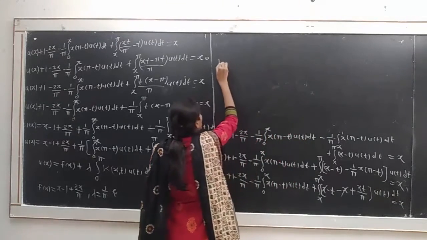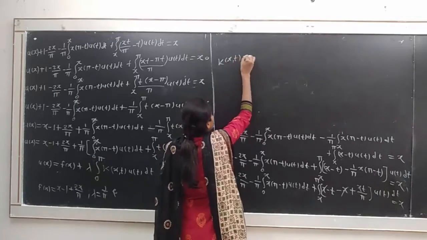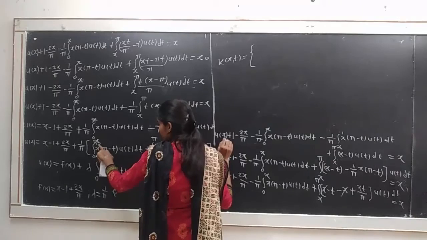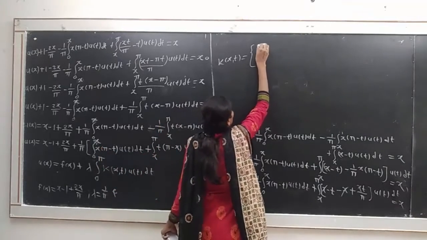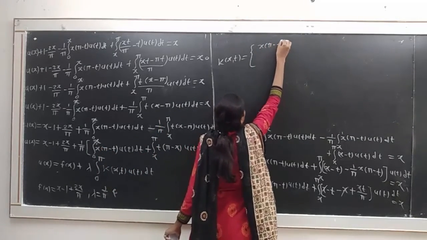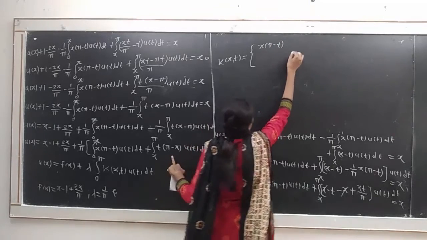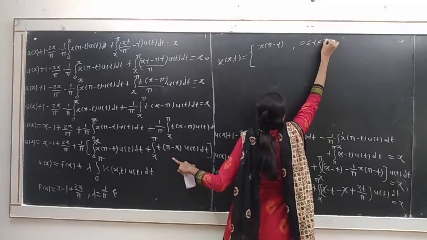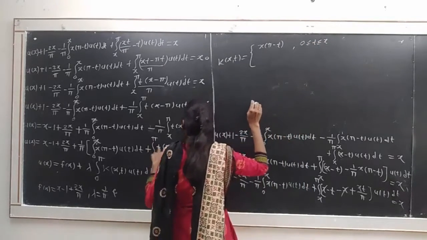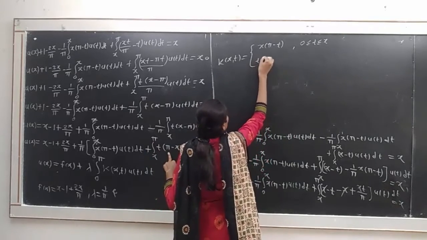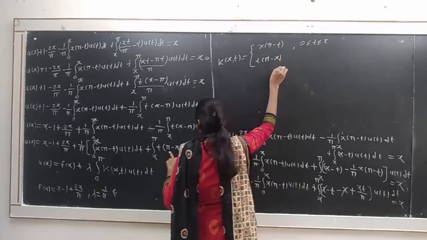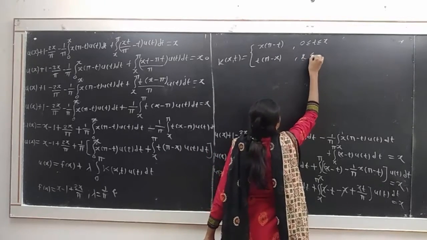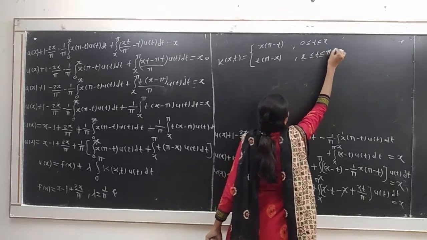that is k of x,t is equal to, for the interval 0 to x, the kernel will be x (pi minus t), where 0 less than or equal to t less than or equal to x, and for the interval x to pi, the kernel will be t (pi minus x), that is x less than or equal to t less than or equal to pi.